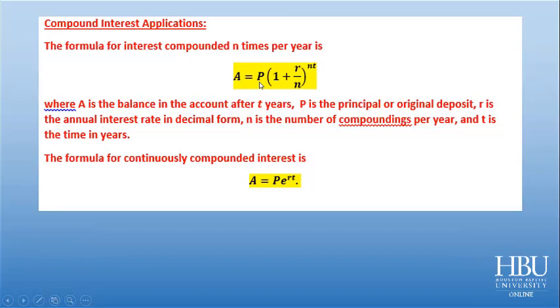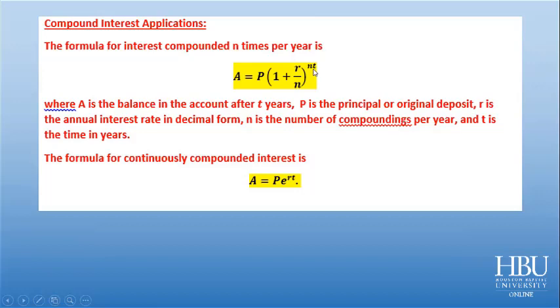The principal, or your original deposit, multiplied by (1 + r/n), where r is the interest rate expressed as a decimal, n is the number of times per year that the interest is compounded, and the exponent is n times t. t is the time in years.